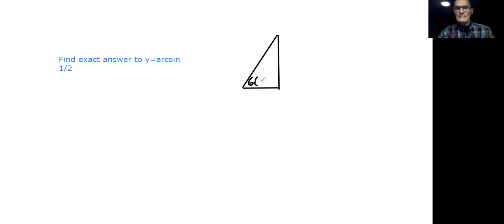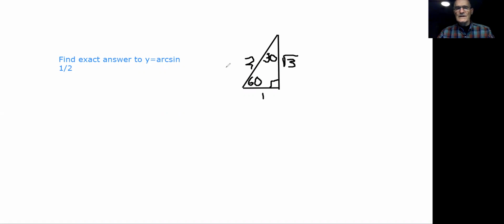This is 60. And this would be 30 up here. And down here would be your right angle. Remember, you have the short side is half the hypotenuse, so the hypotenuse is 2, short side is 1, and the long side is the square root of 3.